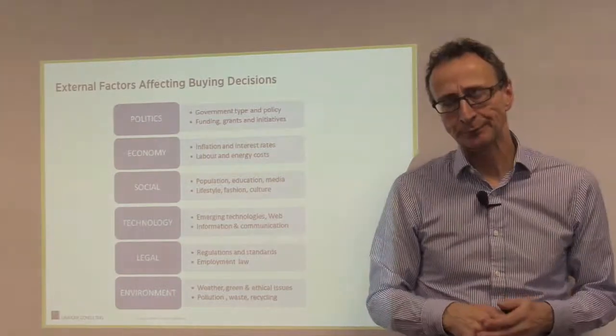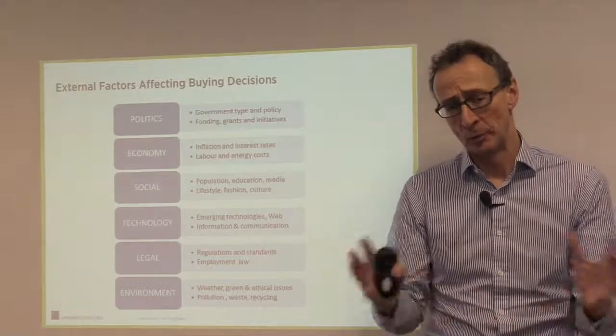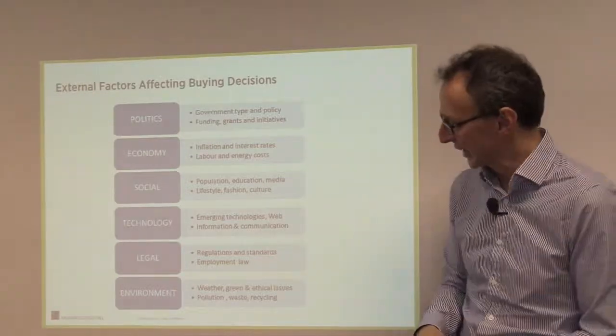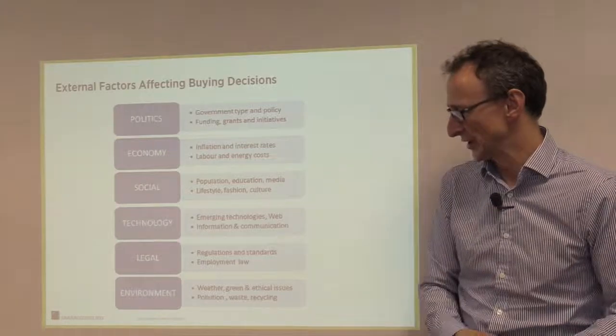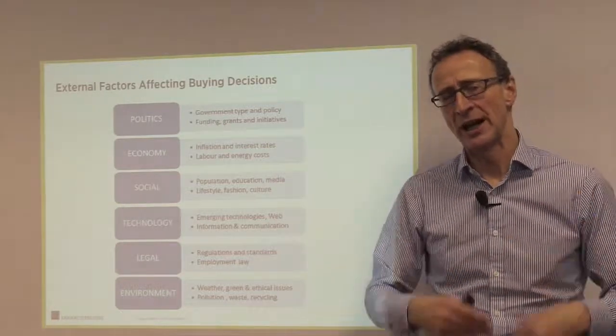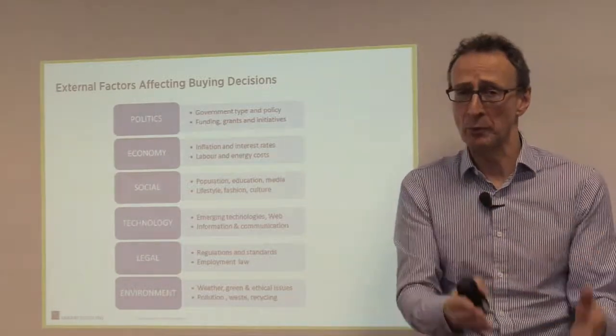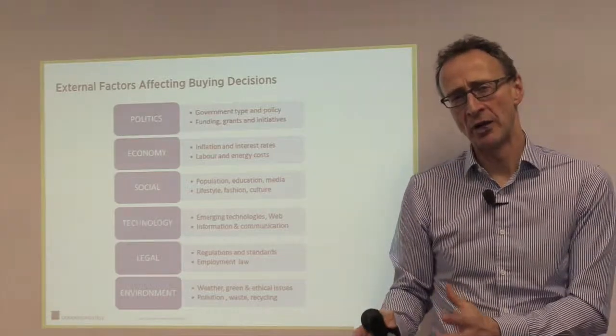Technological. What are the technologies that are affecting your bid and the decision-making process? For example, emerging technologies. How is the web affecting this in various ways? How is digital making advances that actually could mean that what you're proposing could be out of date very quickly?